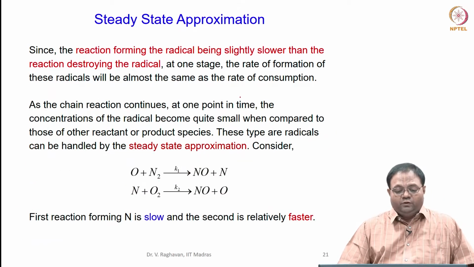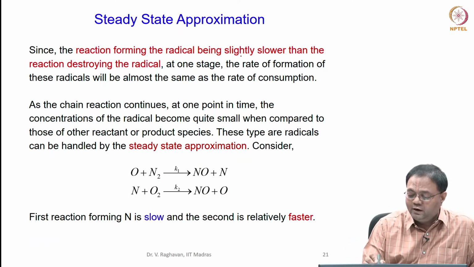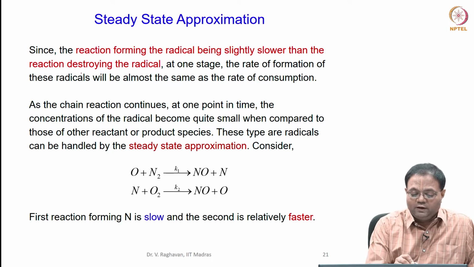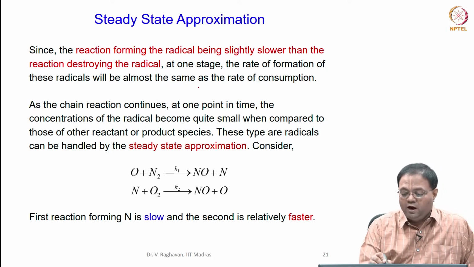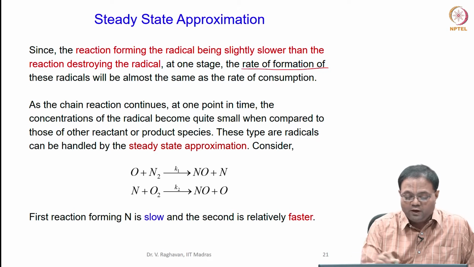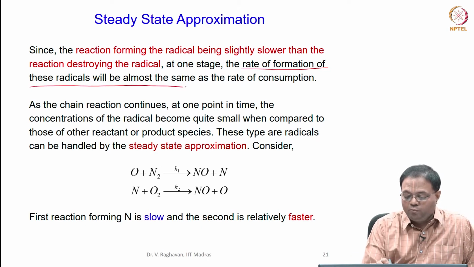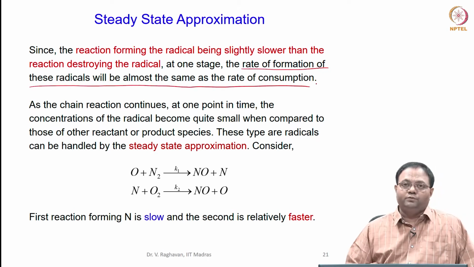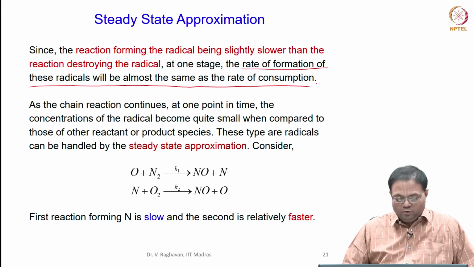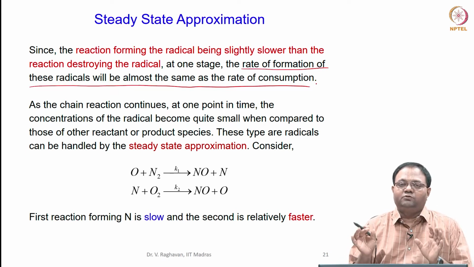Since the reaction forming the radical is slightly slower than the reaction destroying the radical, at one stage the rate of formation of these radicals will be almost the same as the rate of its consumption. They form and they are destroyed, that is all. That means they do not have any time dependency.